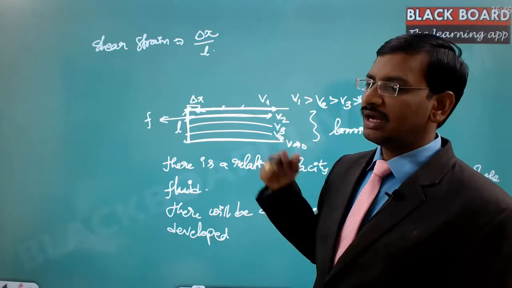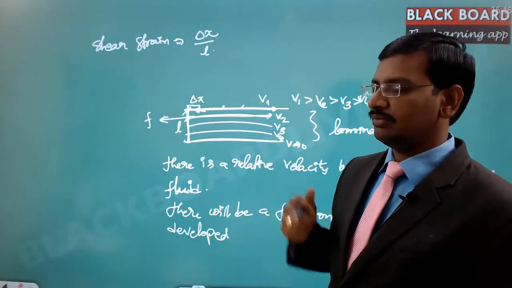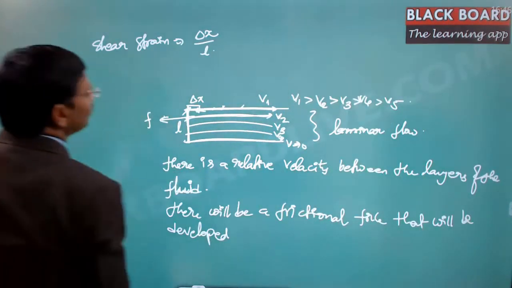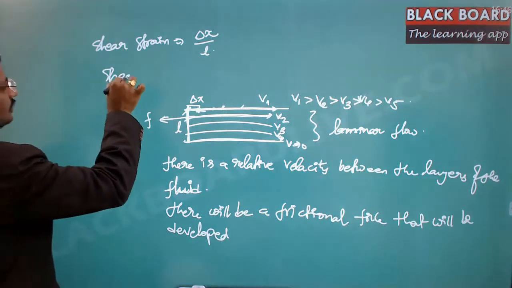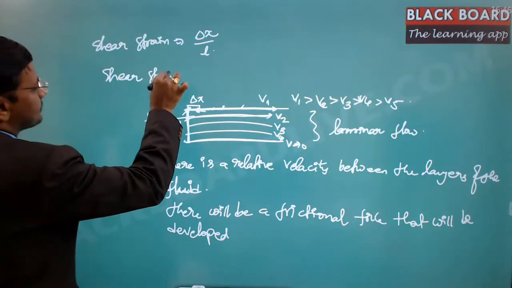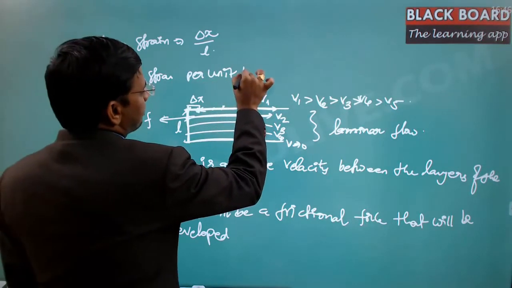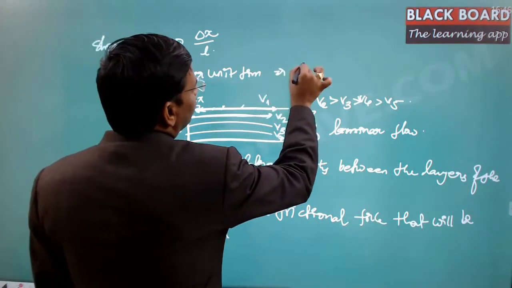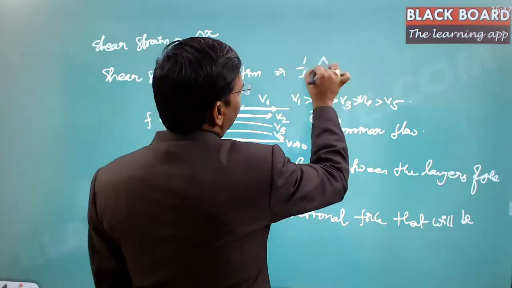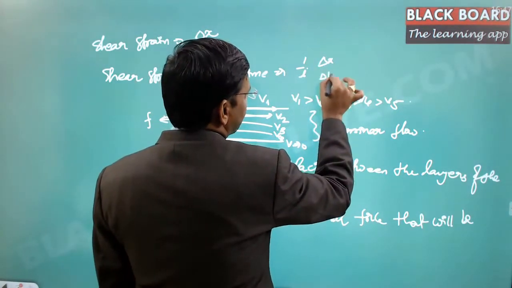Now, if you take it with respect to time, that is shear strain per unit time, and this is equal to 1 by L times delta x by delta t, obviously.